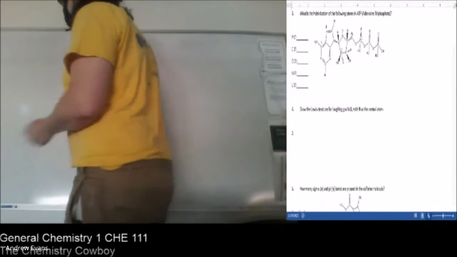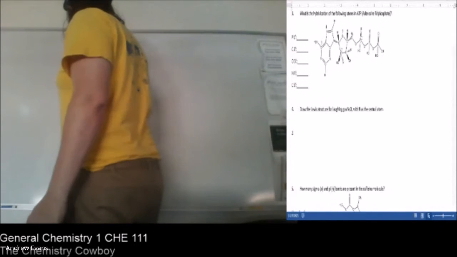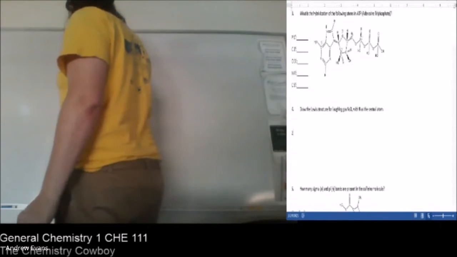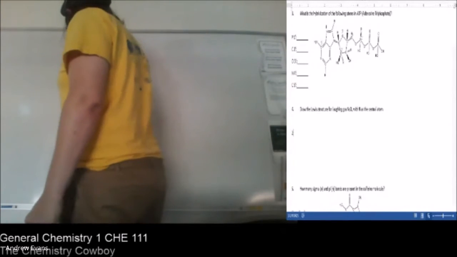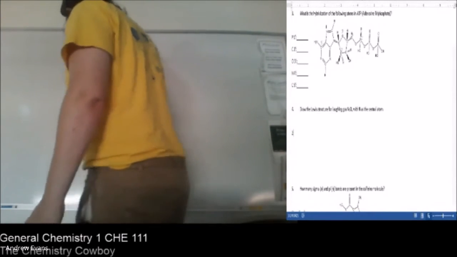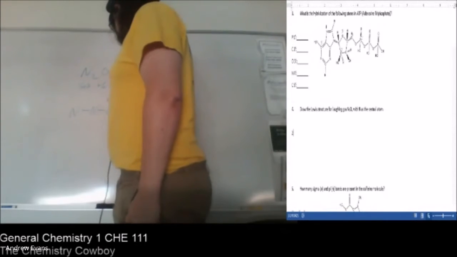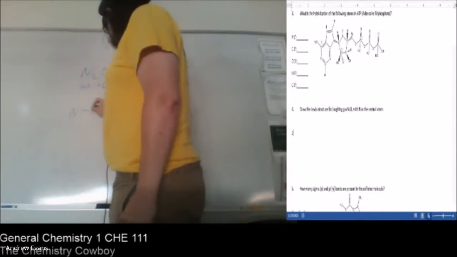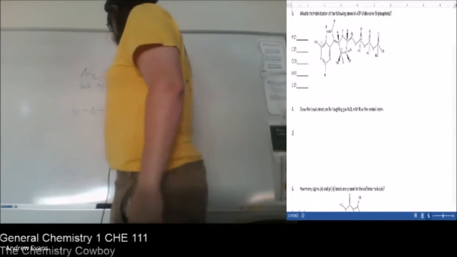This is what the structure looks like. So N2O, 5 times 2 is 10, plus 6 is 16. So N, N, O, that's 4 electrons. Put 1, 2, 3, 4, 5, 6. There's all my electrons.